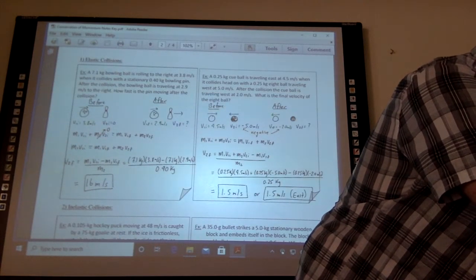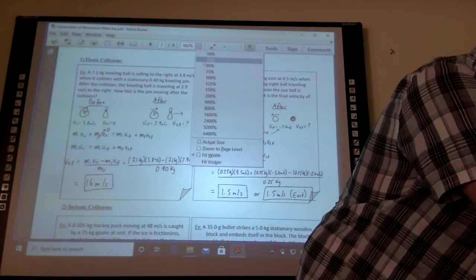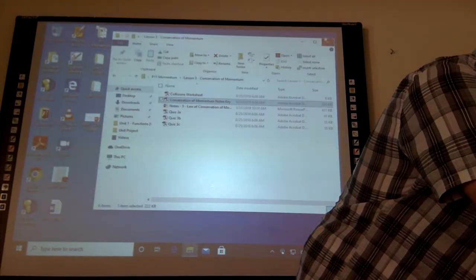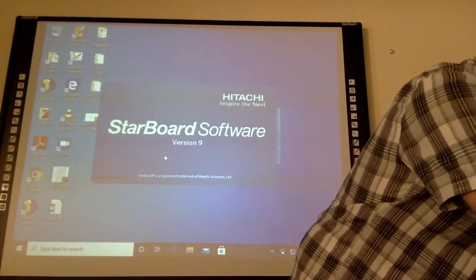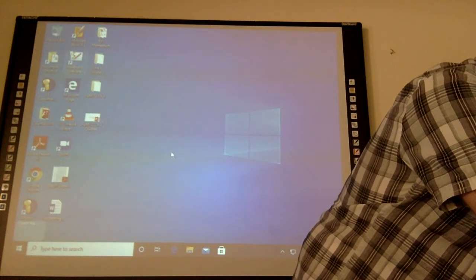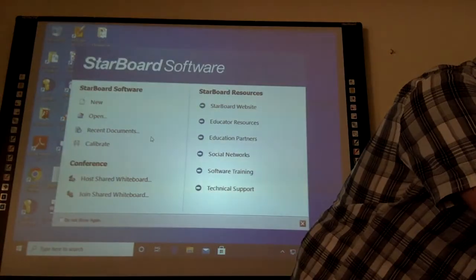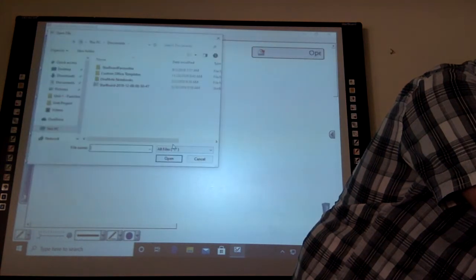This is the one you have, the bowling ball question? Yes. Okay. The bullet question is inelastic. Okay. Not the same number.